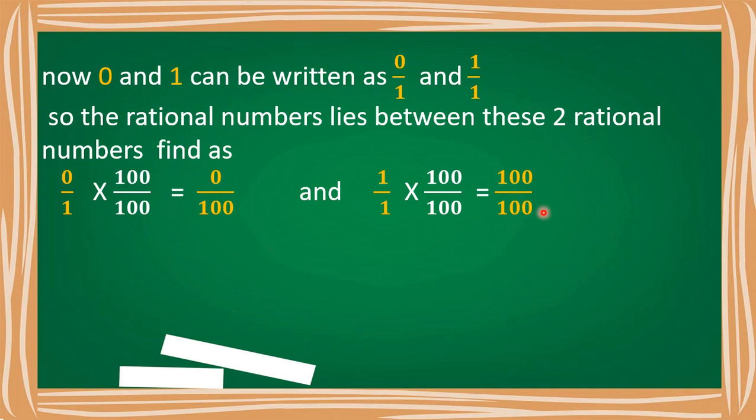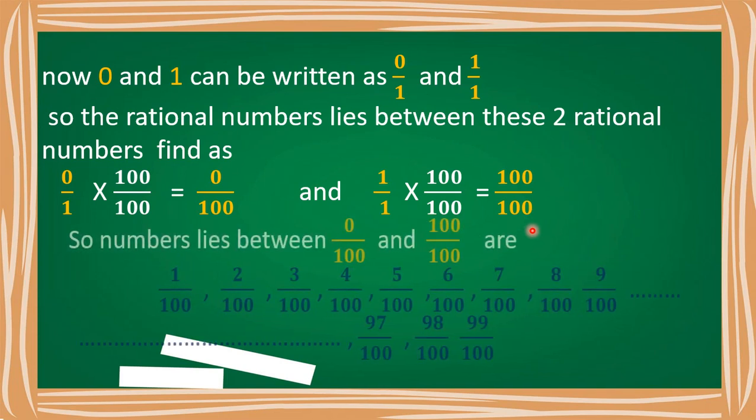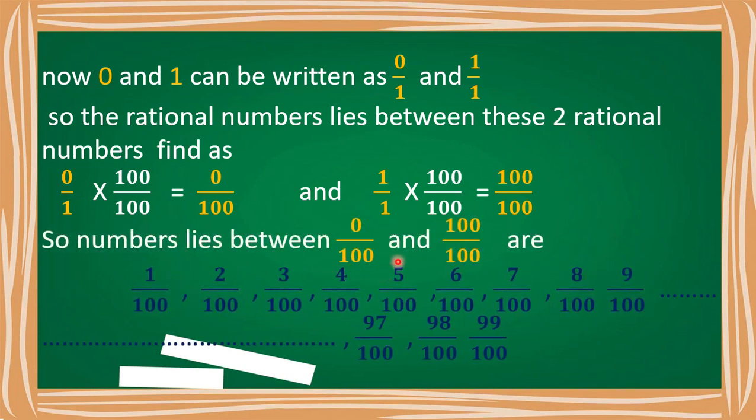How many numbers can we write? Between 0 and 100, there are 99. The numbers are 1 by 100, 2 by 100, 3 by 100, 4 by 100, and so on up to 97 upon 100, 98 upon 100, 99 upon 100. That means 99 rational numbers between 0 and 1.